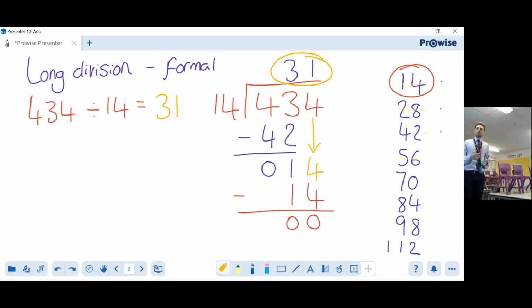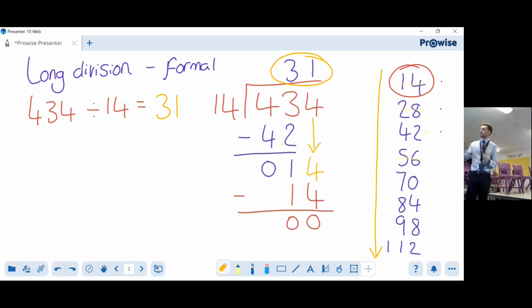Just a few more moving parts there. You have to know your multiplications, be confident in doing lots of them and going up to quite high numbers, and then be able to subtract, remembering to pull the number down.